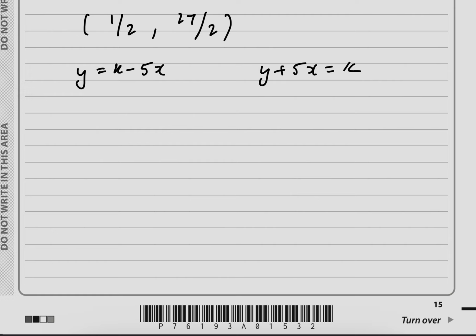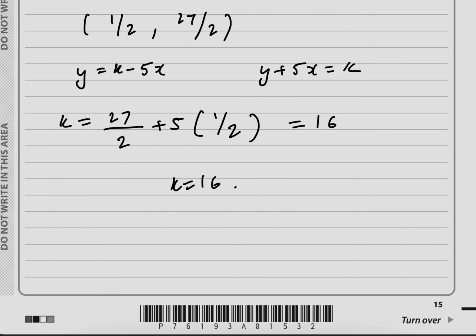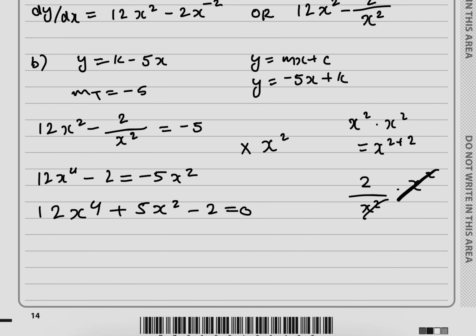And we have a y and we do have an x. So k is going to be equal to 27 by 2 plus 5 times 1 by 2. Perfect. Just put that into your calculator and you should get k is equal to 16. k is equal to 16. Perfect. And that is question 5 solved.